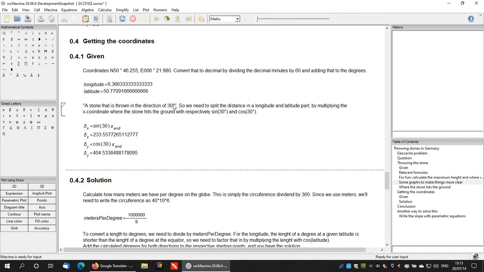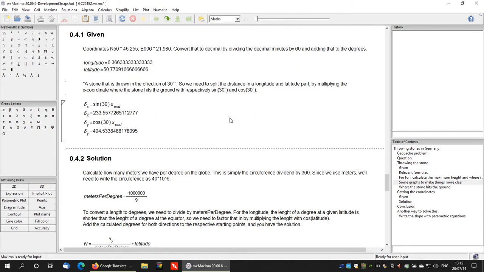Now he also says a stone that is thrown in the direction of 30 degrees, so you need to split the distance in the longitude and latitude part by multiplying the x-coordinate where the stone hits the ground with respectively sine and cosine of 30 degrees.